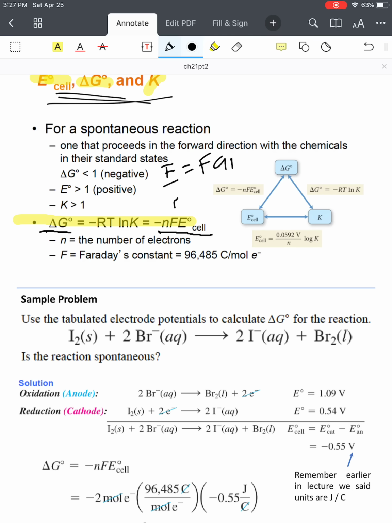That was our Faraday's constant, wasn't it? And I warned you at that time that you would see that number in some equations. Remember, it was 96,485 coulombs per mole. That's what that number is, all right? So that's the F. There are some other values that we have to multiply by that, though.